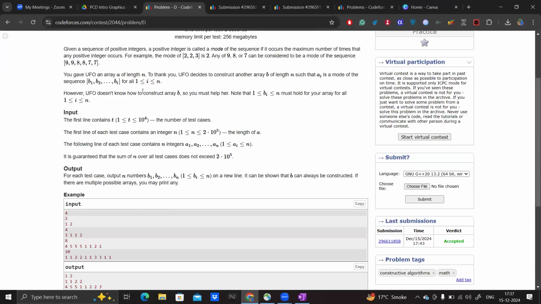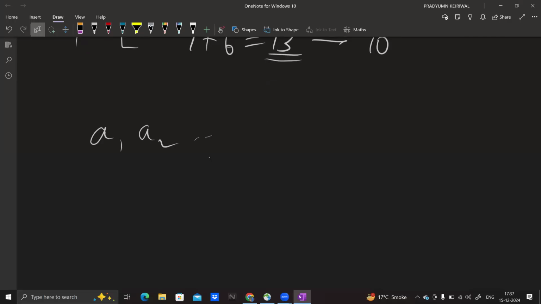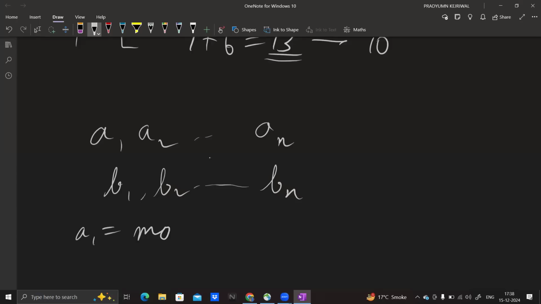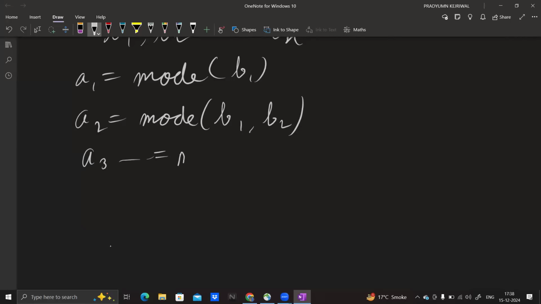So basically the problem says that you have been given an array A, A1, A2 up to An, of length n. And you have to make another array B1, B2 up to Bn such that A1 is a mode of the first prefix, which is B1, and A2 is the mode of the first two elements, B1, B2, A3 is the mode of B1 to B3, and so on.